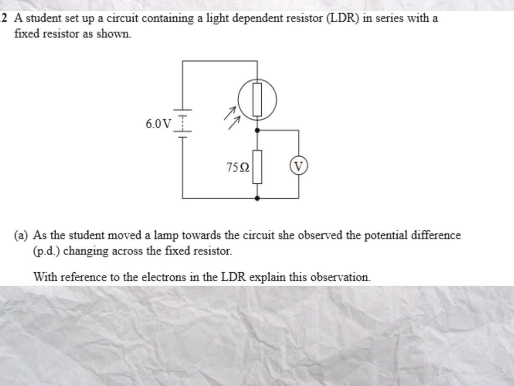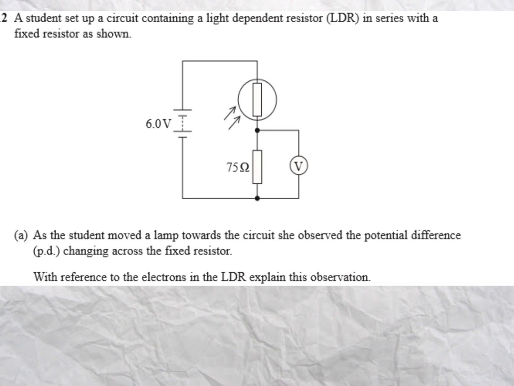The second point, if the LDR had a resistance of 75 ohms, like the resistor, then the PD would get shared equally, so that's 3 volts each. If there was no resistance in the LDR, then the full 6 volts goes across the resistor, so that's the reading on the voltmeter. In reality, we don't actually know the resistance of the LDR, but we can see that lower is bigger on our meter.